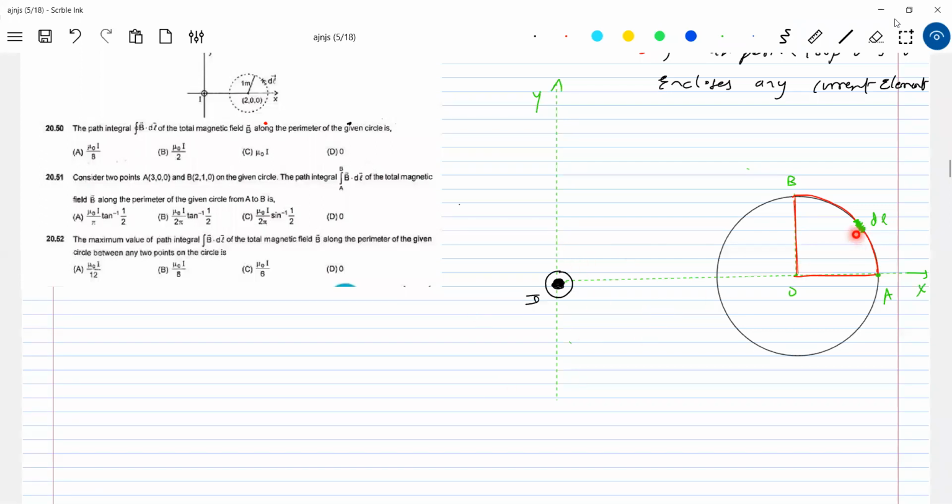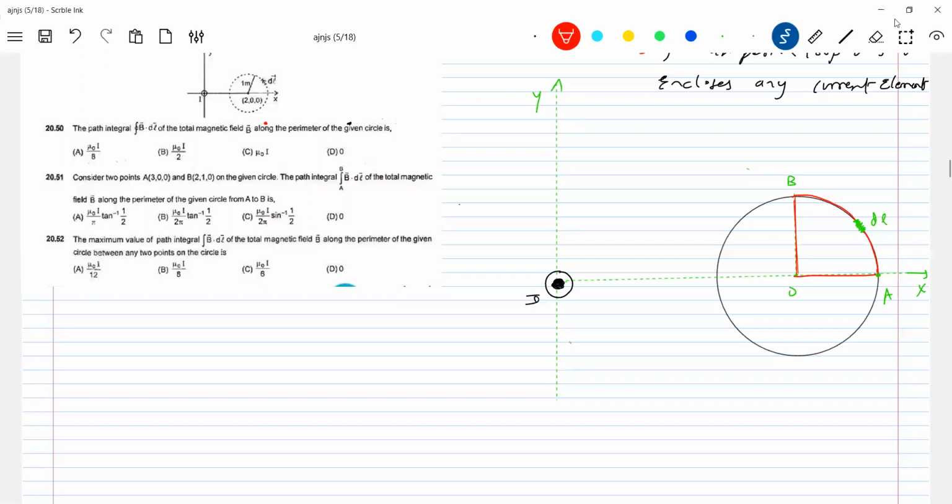So shall I say B bar is parallel to dl? Then the problem will become very simple, no? Is it really B bar parallel to dl? No, B bar is not parallel to dl at all points. Here the B bar direction will be, you drop a perpendicular here, and the B bar will come in this direction. At different points, the direction of B bar will be different.